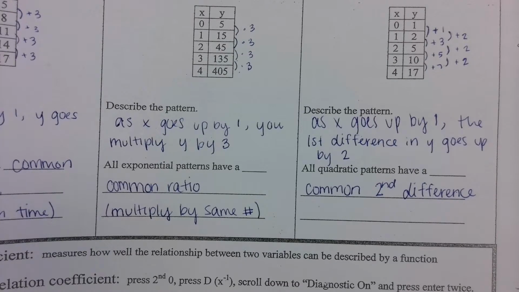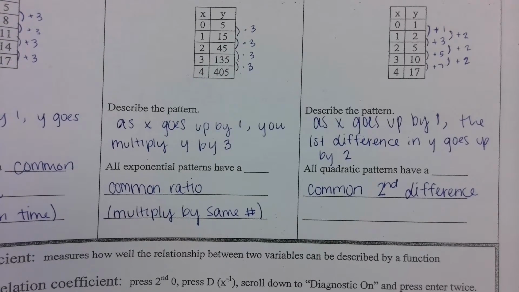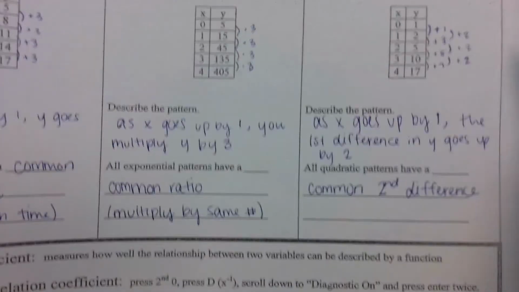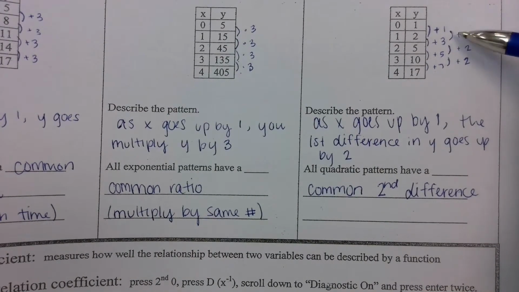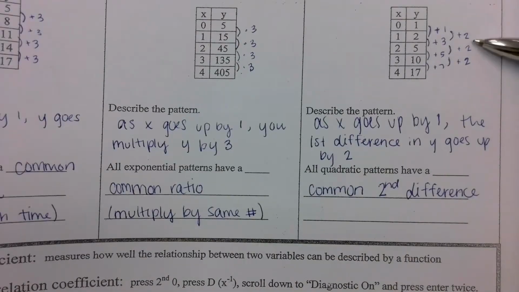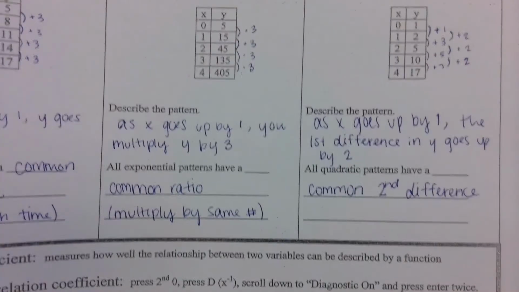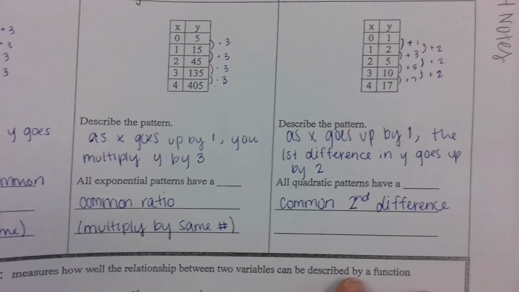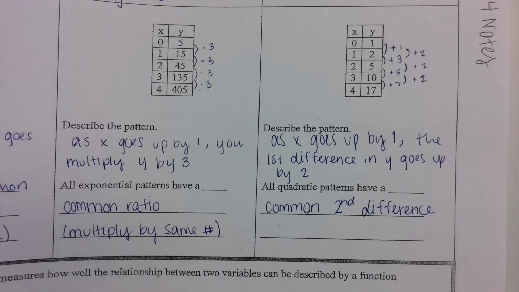So I think for those, it's just a little bit easier to remember that they're going to have a common second difference. The first difference goes up by 2. So 1 plus 2, 3 plus 2, 5 plus 2. The second difference is the same. Any other questions right now?